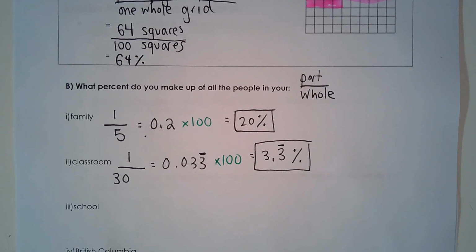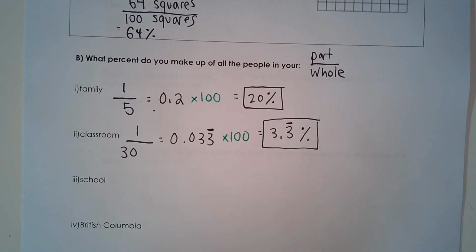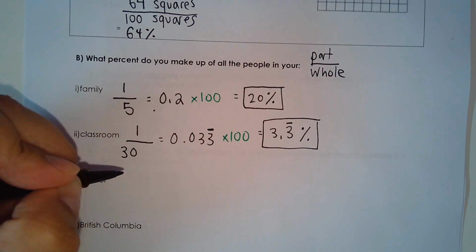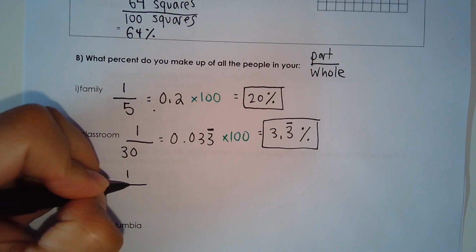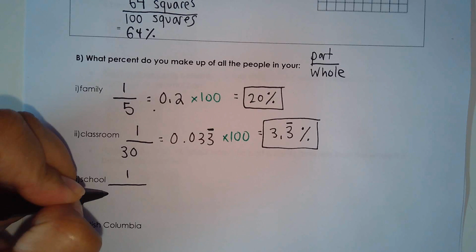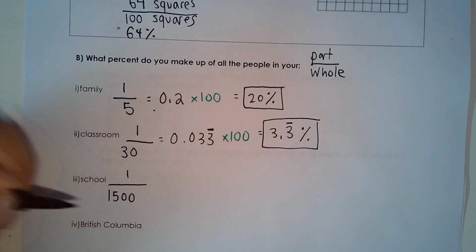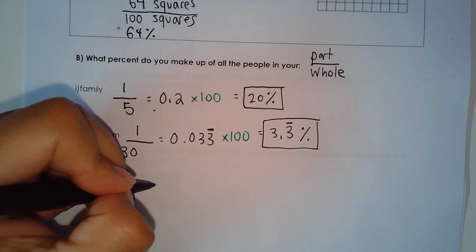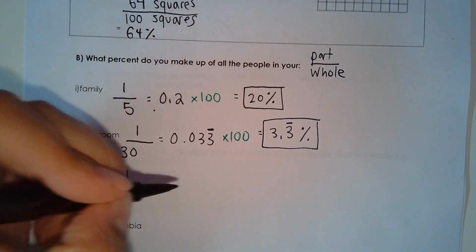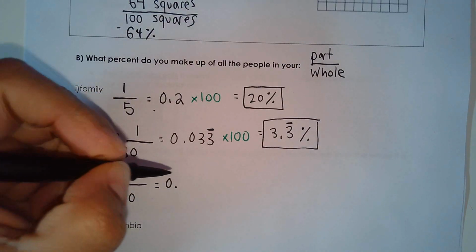Okay, let's move on to the school. Let's say we have a school of 1,500. That's about the size of Fraser Heights. So I make up 1 of 1,500 people in this school. I plug that into my calculator. It's going to be a small number here.